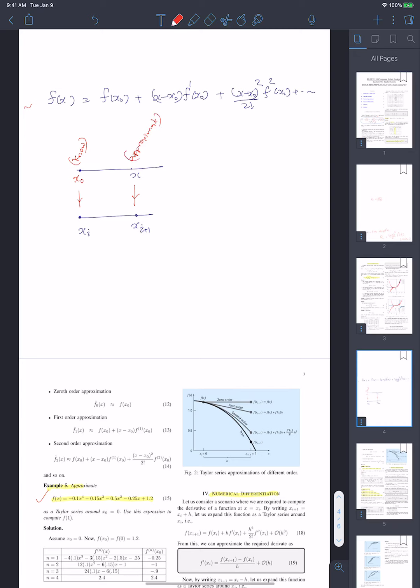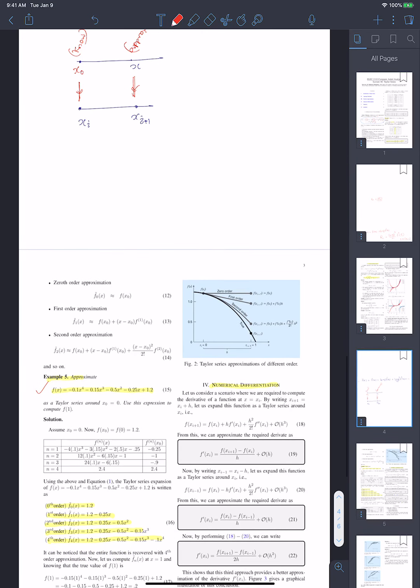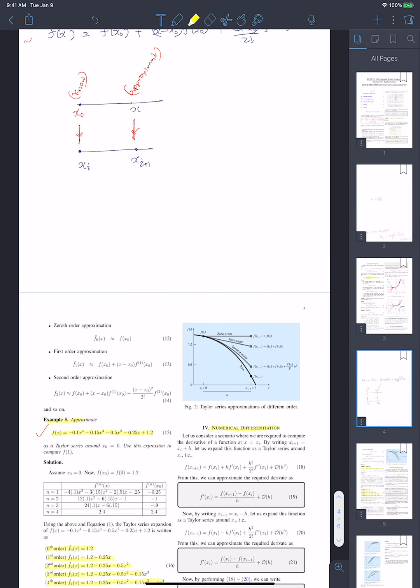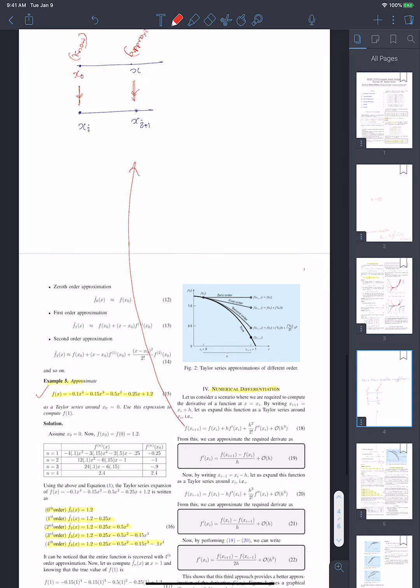Now instead of x0, let us say x_i, a present value, and then x_(i+1) instead of x. So substitute x_i for x0 and x_(i+1) for x. Then using this notation, with this understanding here, we can write equation 18.